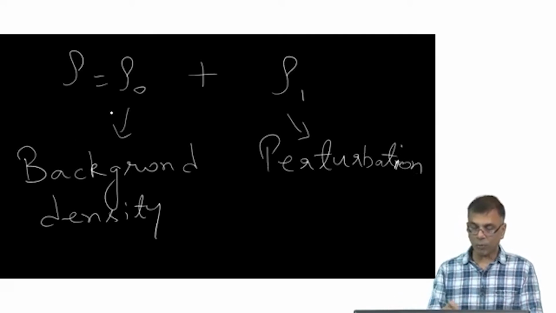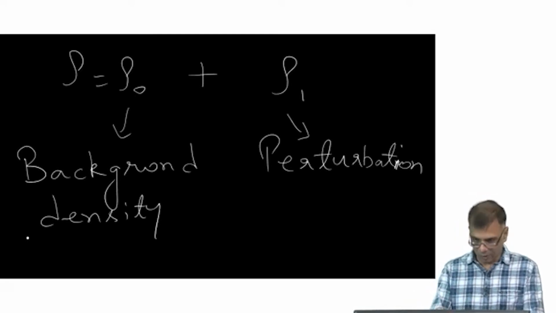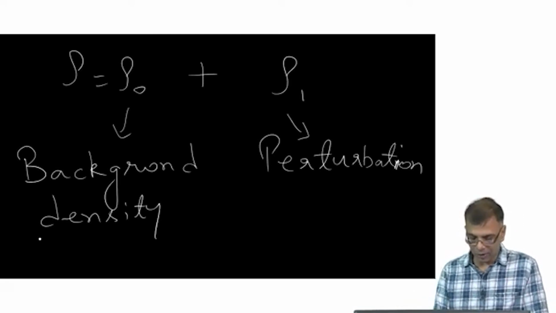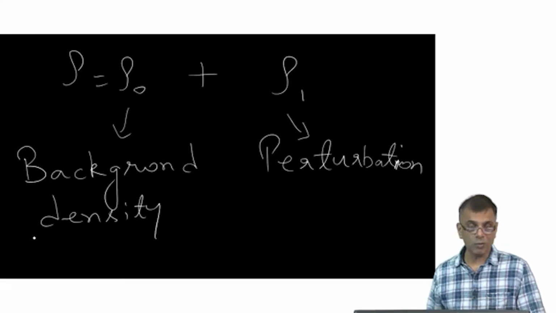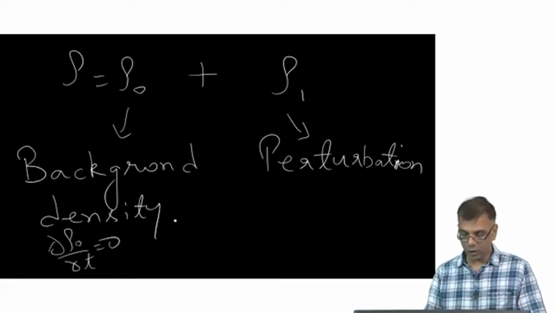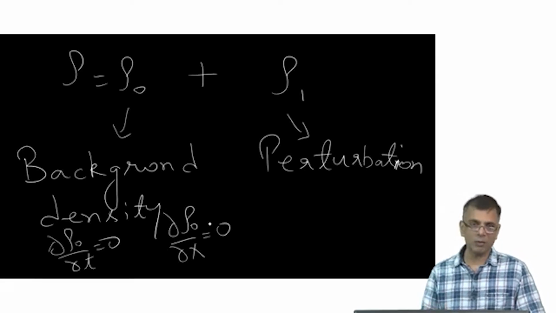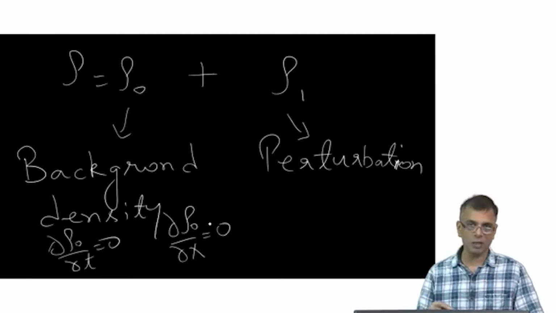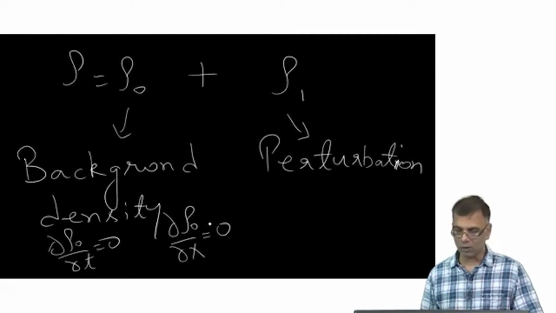The main thing about the background density is that it is uniform in space and time invariant. It's not varying with time. In other words, d rho naught dt equals 0, and it's uniform in space. In other words, d rho naught dx equal to 0, and by dx I mean dy, dz, everything. All of those are equal to 0.